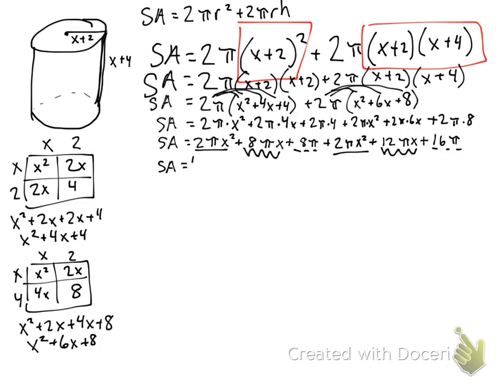So 2 plus 2 is 4. So this is 4 pi x squared plus, we've got 8 pi x plus 12 pi x. So that gives us 20 pi x plus, and then we've got 8 pi plus 16 pi. 8 plus 16 is 24. So that's 24 pi. And there you go.